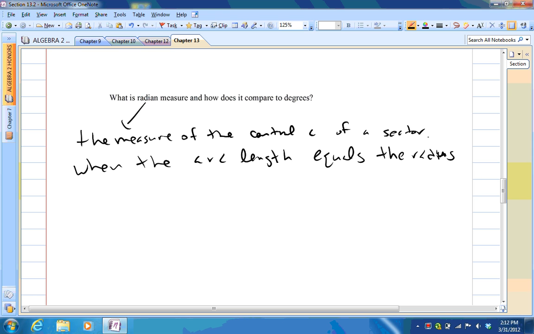So let me draw it for you so it probably makes a little more sense. Say we have a circle. Okay, that right there, in case you forgot, is called a sector. It's just a section of a circle.